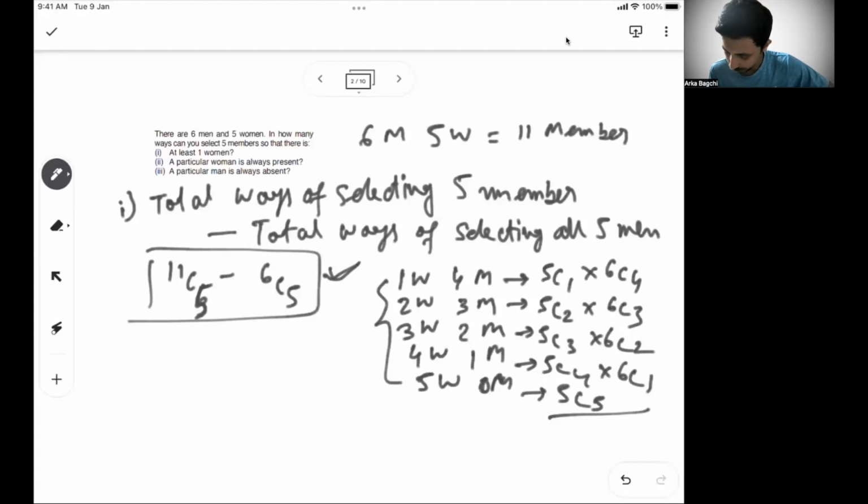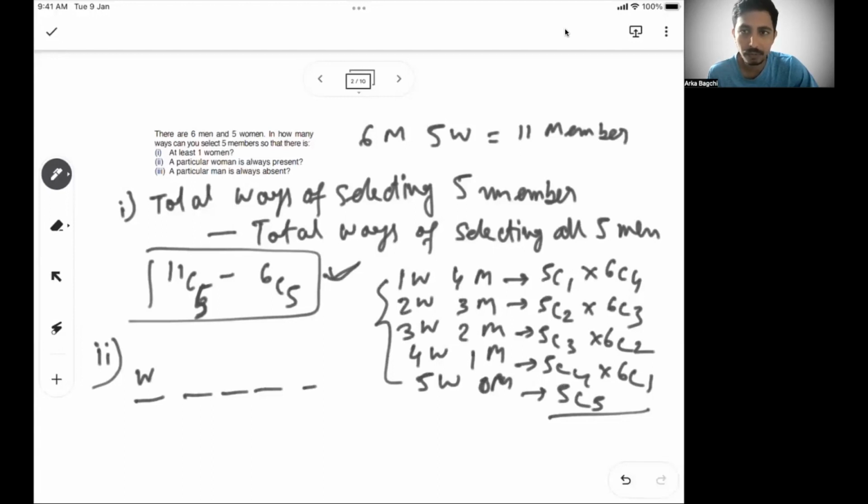Okay, let's go to the next problem. It says a particular woman is always present. In this case, what you need to do is fix 1 position for a woman, and then the rest of the 4 positions can be filled in no matter what way possible. I can pick all men, all women, it doesn't matter.